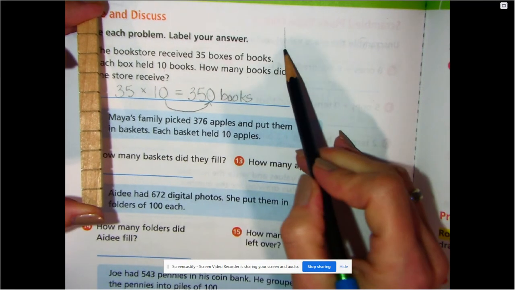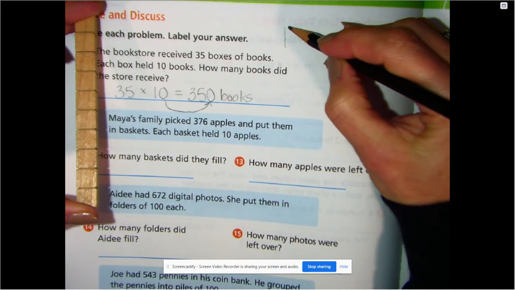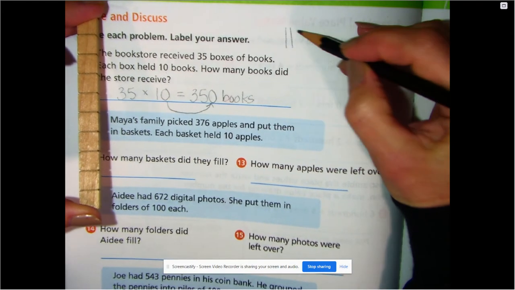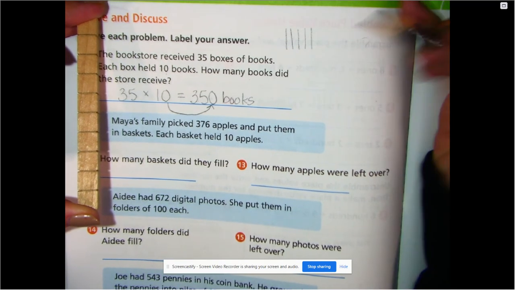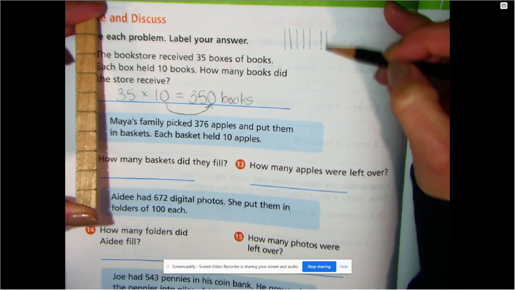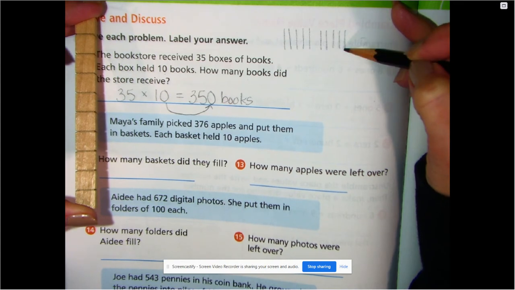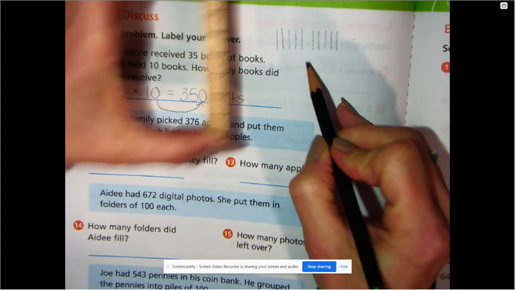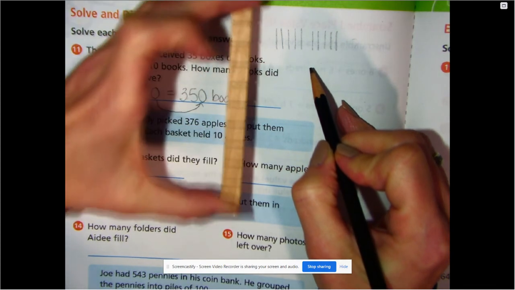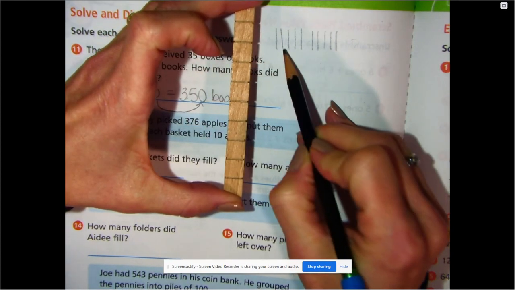So if I do that, there's 10, 20 books, 30 books, 40 books, 50 books, 60, 70, 80, 90, 100 books, right? So here's 100 books, but it's how many 10 sticks? It's 10, right? It's 10 groups.